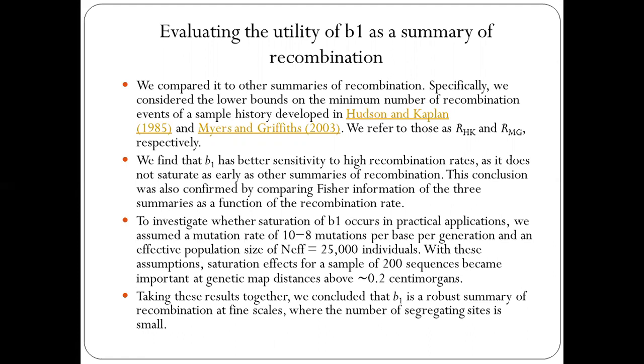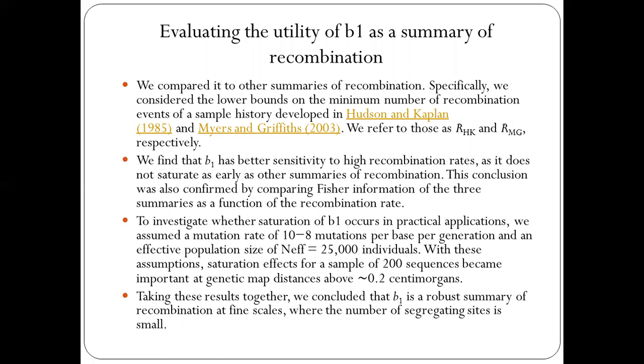To investigate whether saturation of B1 occurs in practical applications, we assumed a mutation rate of 10 to the power minus 8 mutations per base per generation and an effective population size of N effective equal to 25,000 individuals.